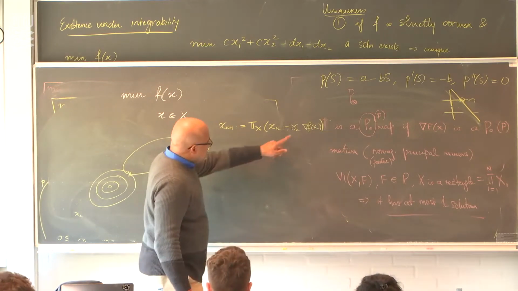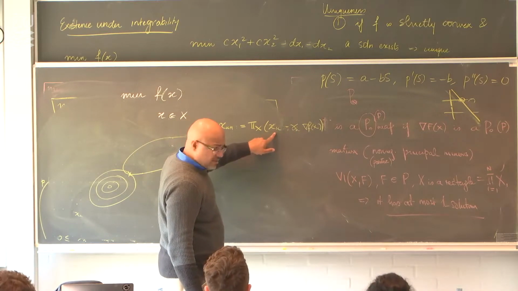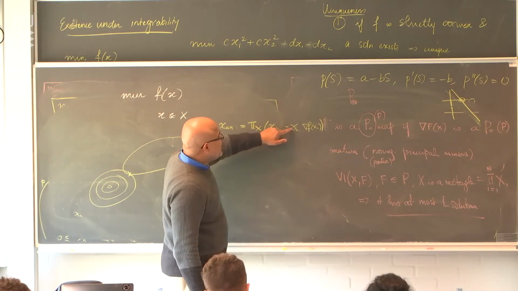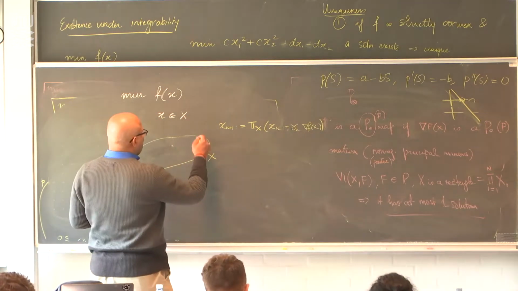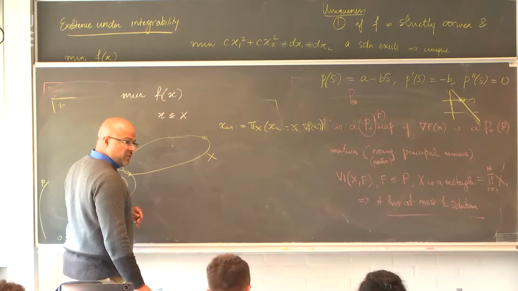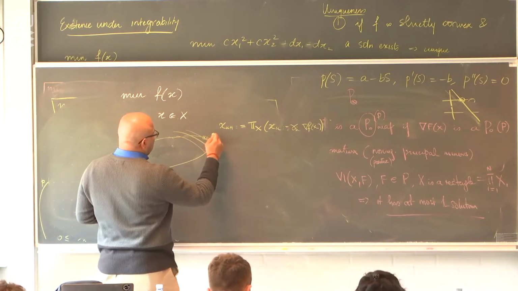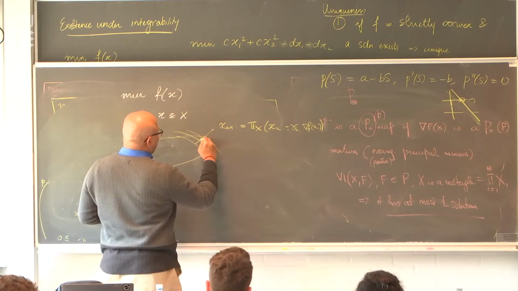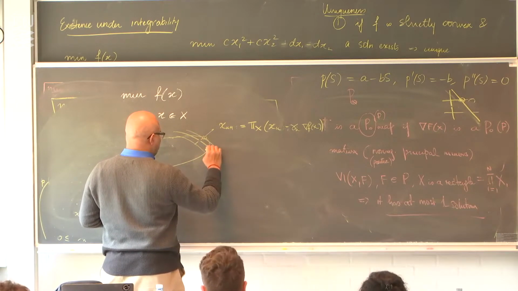Gamma k is a step length, xk is the iterate, and you move along the negative gradient direction because you're trying to in some sense improve. Suppose I gave you a point here. If the contours are like this, this is the gradient, this is the negative gradient.